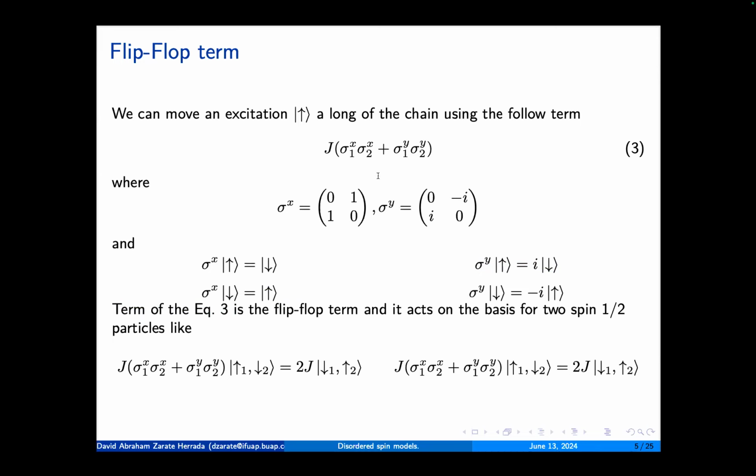These operators act on these states like this. If we apply this operator on these states, we can see that the excitation moves to the next position. Okay, you can see this. Any question about this? No, this was good.